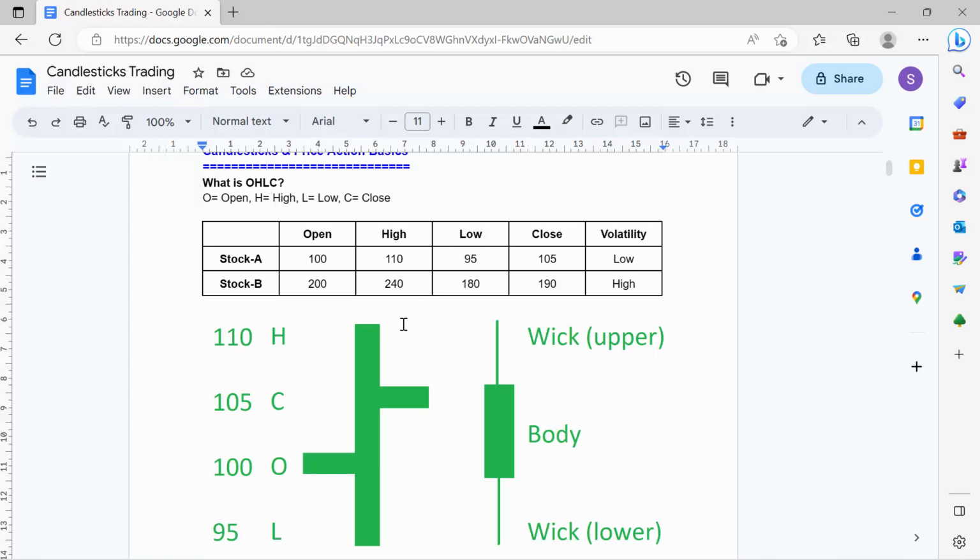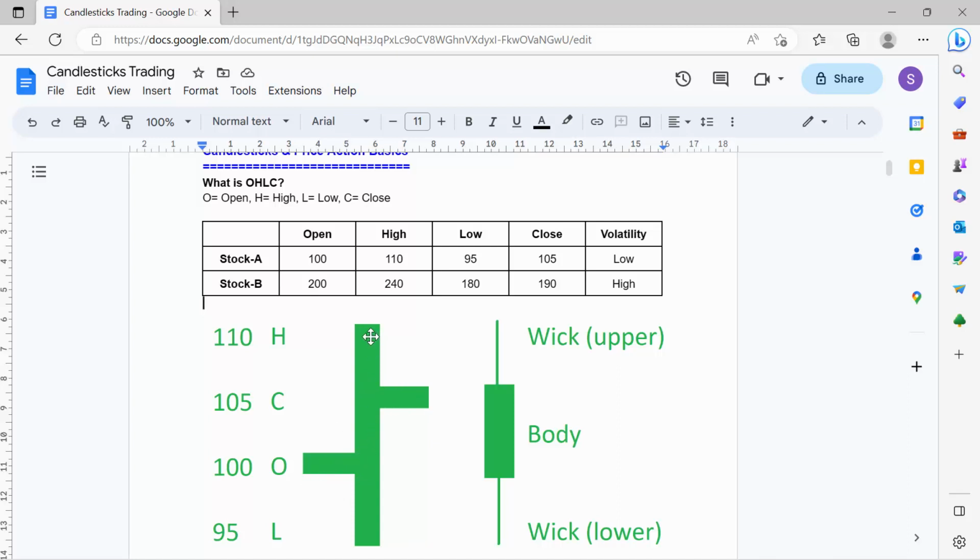So first, let's plot it on a bar. On the left hand side, this is the bar, and you can see it looks like a bar. The left bar denotes the open price and the right bar denotes the closing price. Since closing is higher than the open, the right bar is above the left bar.